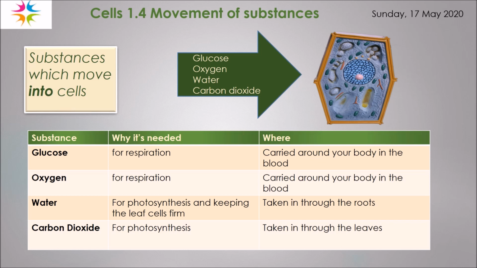Water is needed for photosynthesis, carbon dioxide is needed for photosynthesis, and the water keeps the plant cells firm. We'll hear about that later. Water is taken in through the roots of a plant, carbon dioxide is taken in through the leaves. Don't forget that these processes of respiration are also carried out in plants, not just animals.